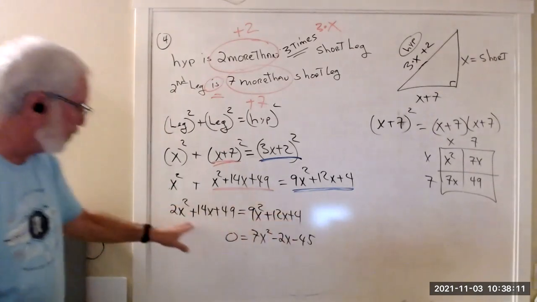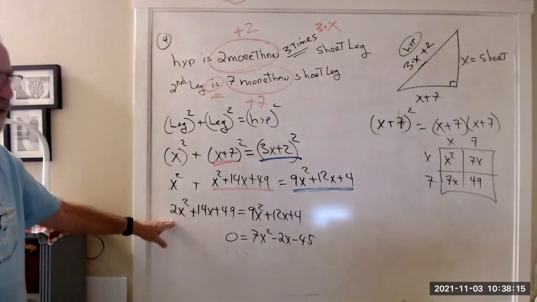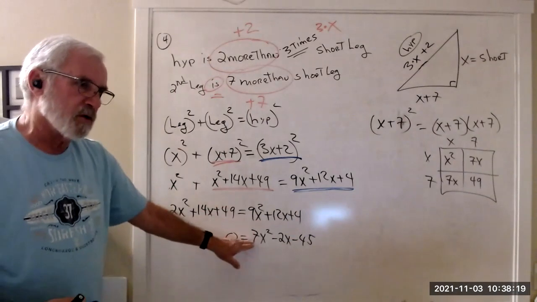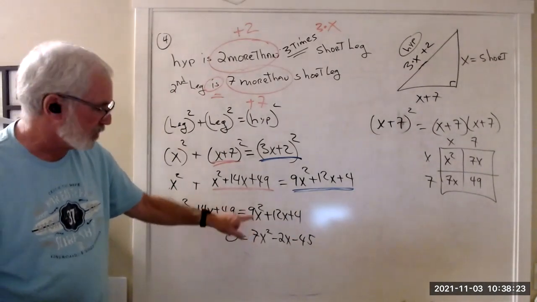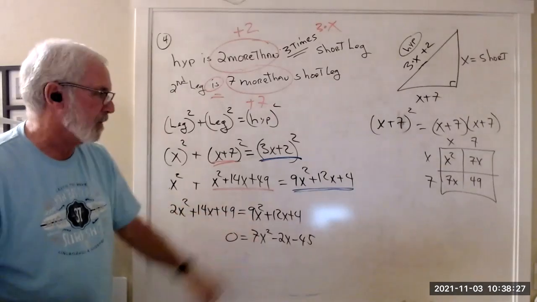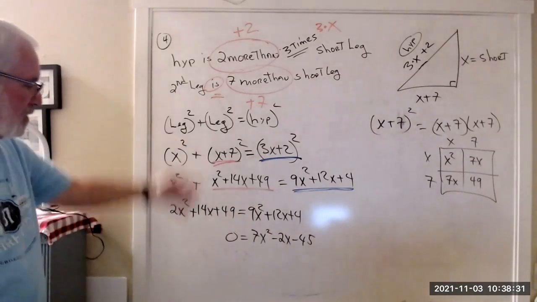If you took everything over here, you'd have a negative 7x squared. It would all work out the same. Just history has shown that I and most students make fewer mistakes when the coefficient of the x squared is a positive number. So anyway, I had to multiply that out and set it equal to 0.